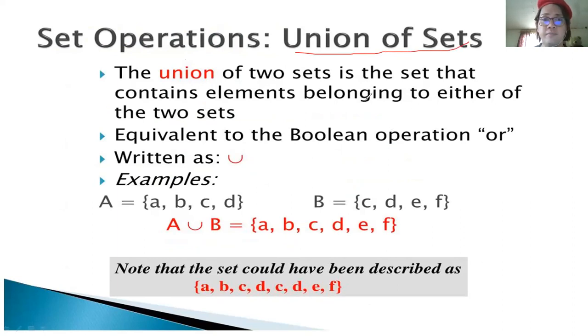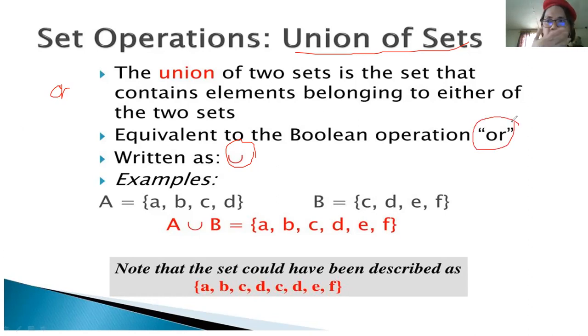When we say union, again, written as this, the union of two sets is the set that contains elements belonging to either of the two sets. That's why it is represented by a preposition or for the union. And also the equivalent, as what I've said, in a Boolean operation.